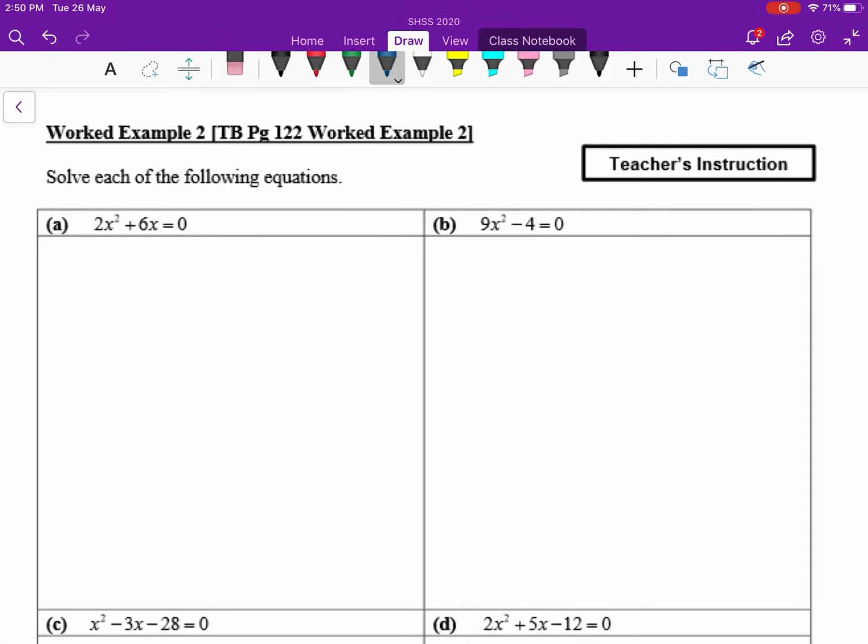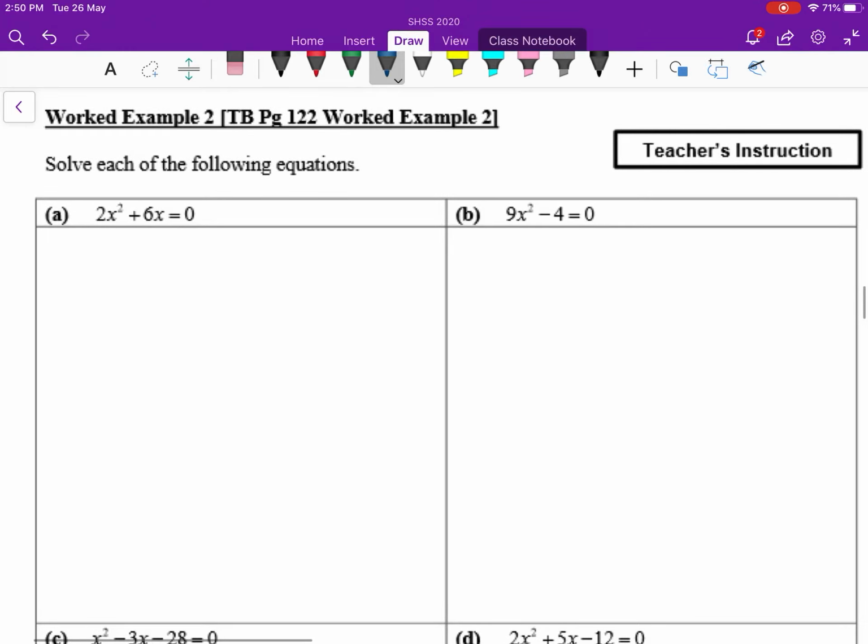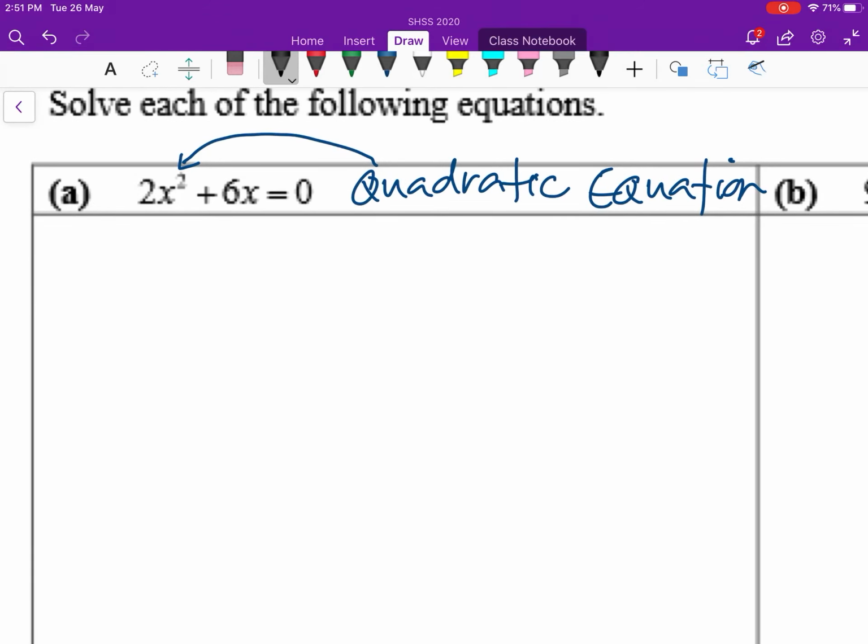Now, if you realize, work example number 2 is this: 2x squared plus 6x equals to 0. This is a quadratic equation. Quadratic means there is an x squared. Now, how do you solve such a question? Remember just now we went through smiley face times sad face equals to 0. So either smiley face equals to 0 or sad face equals to 0.